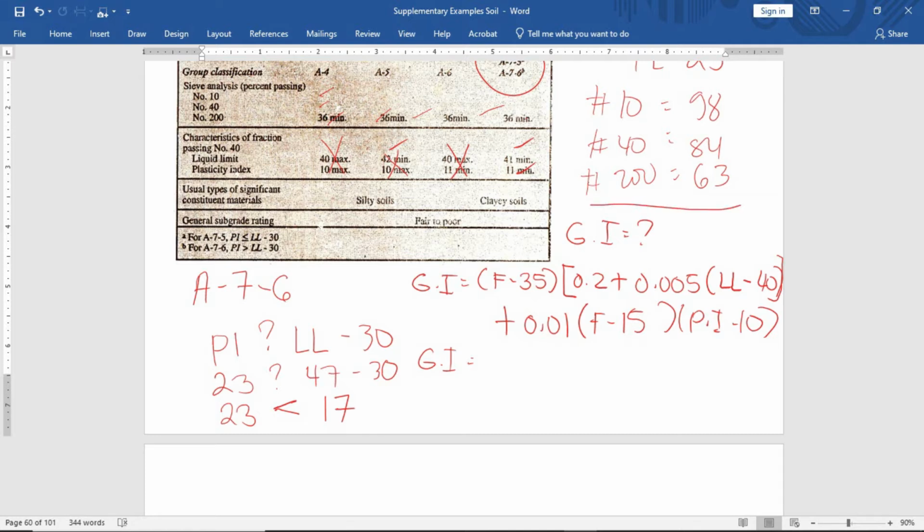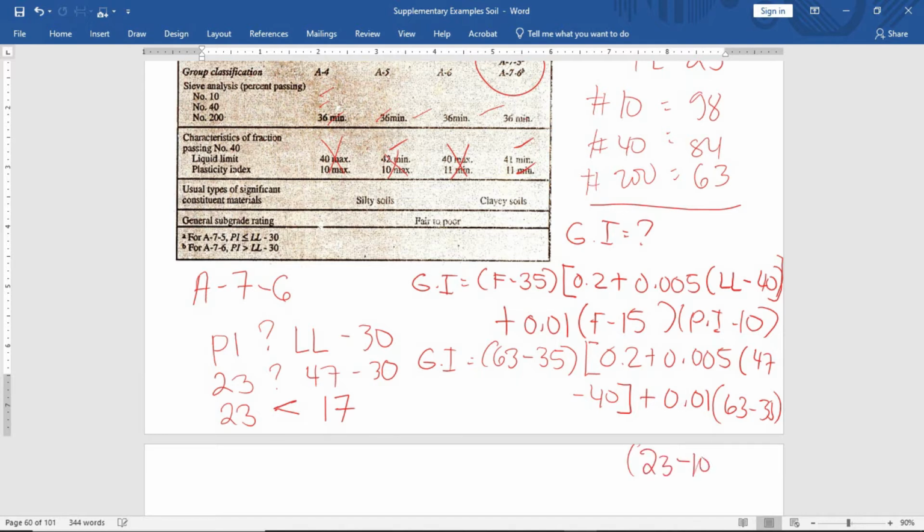So, 63. 63 minus 35 times 0.2 plus 0.005 times 47 minus 40 plus 0.01 times 63 minus 15 times PI natin is 23 minus 10.